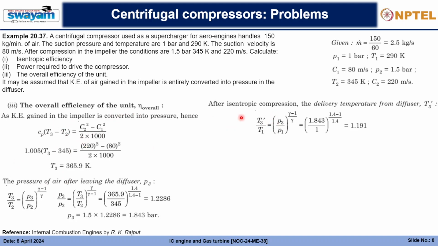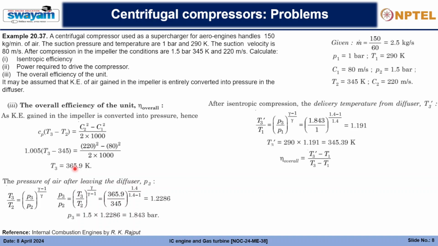But if we consider an isentropic process for the entire process 1 to 3, that is at the start of the compressor and at the end of the compressor, then we'll have T3 dash, which is the isentropic exit temperature, and that way we will get T3 dash to be 345.39 Kelvin. But you see, the temperature is higher than this because of the losses. And that way we can calculate the overall efficiency of the compressor unit.